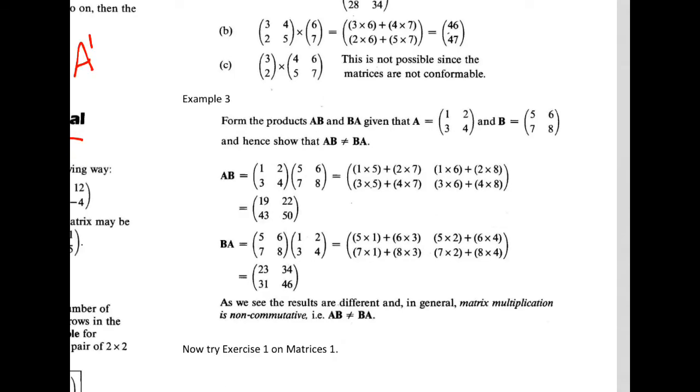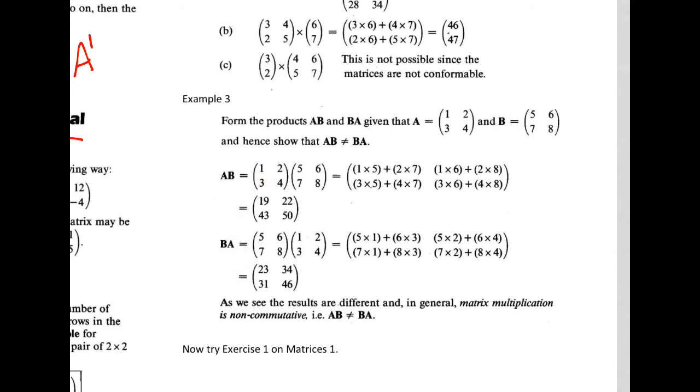Also, there is another property when you multiply. Multiplying A by B gives you one set of results. If you multiply it in the reverse, if you multiply this times the first one, it will give you another set of results. So AB is not equal to BA.